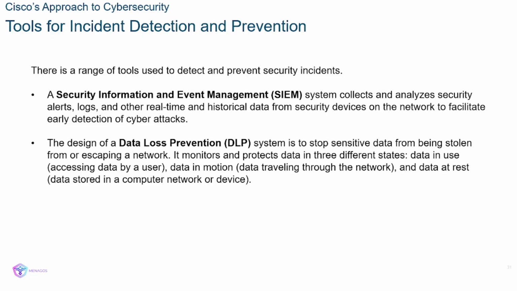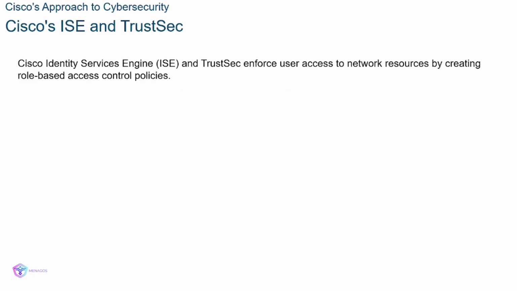Tools for detection and prevention pair SIEM correlation with DLP controls across data in use, motion, and rest, all integrated with ticketing. Cisco Identity Services Engine and TrustSec enforce role based access and micro segmentation, so identity and tags deliver least privilege wherever devices connect.